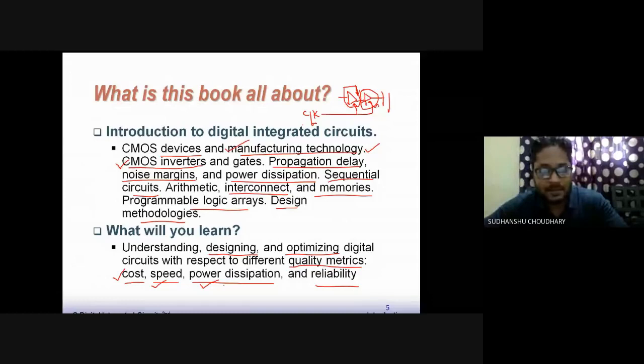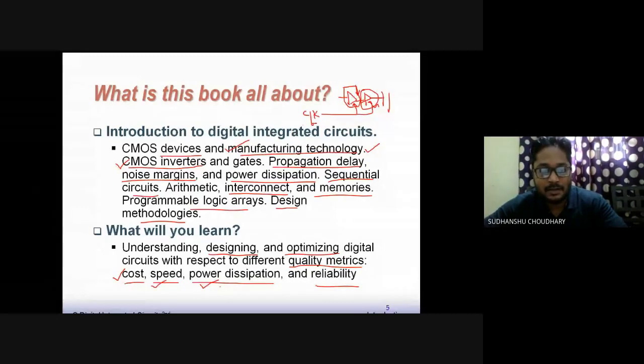In fact, power dissipation means power consumption and heat generation. Yeah? Two things are involved in power dissipation: how much power is consumed per function and how much heat is dissipated when executing that function. Okay. So power dissipation is important because for handheld devices, as I said, there is a limited battery and you don't want your battery to drain very quickly. So you want circuits, or you want a mobile phone, which consumes less power.